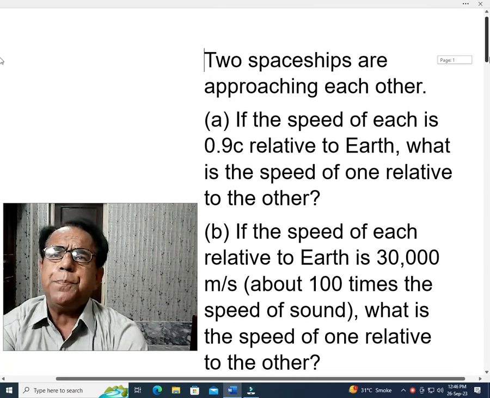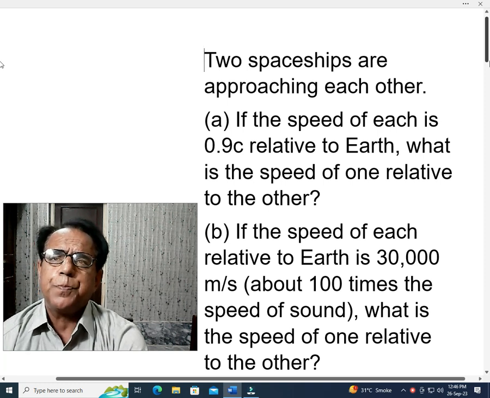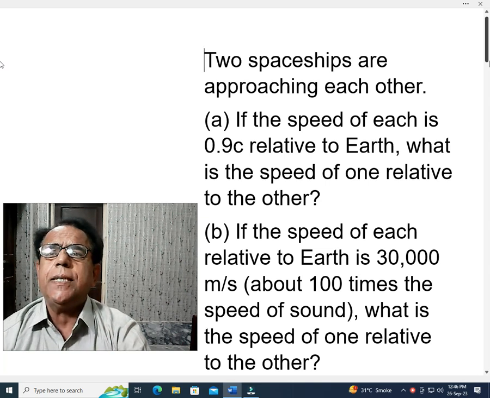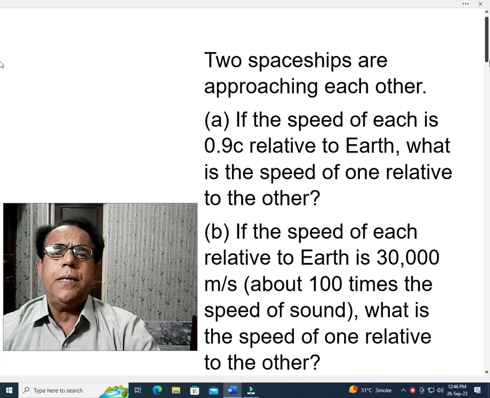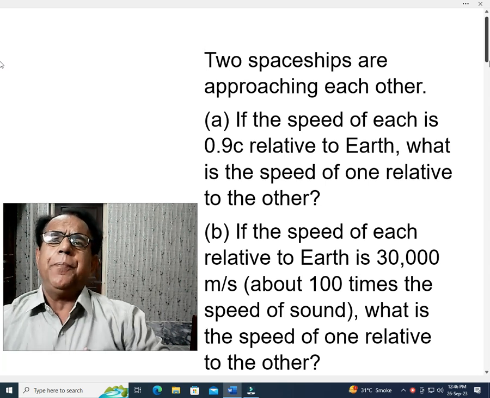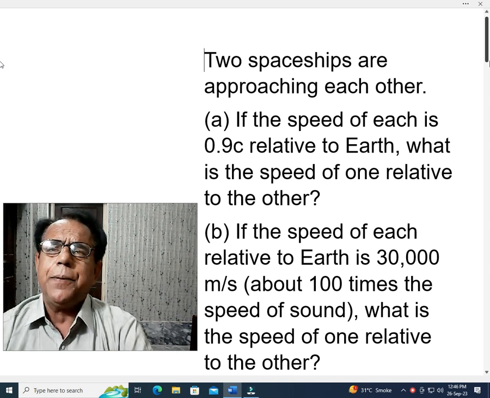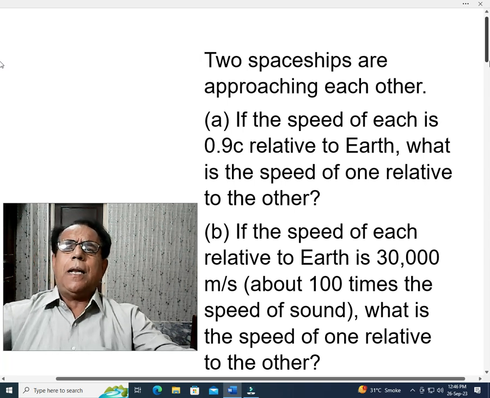Two spaceships are approaching each other. Approaching each other may be understood as that they are traveling in opposite directions in such a way that their distance is becoming smaller and smaller.